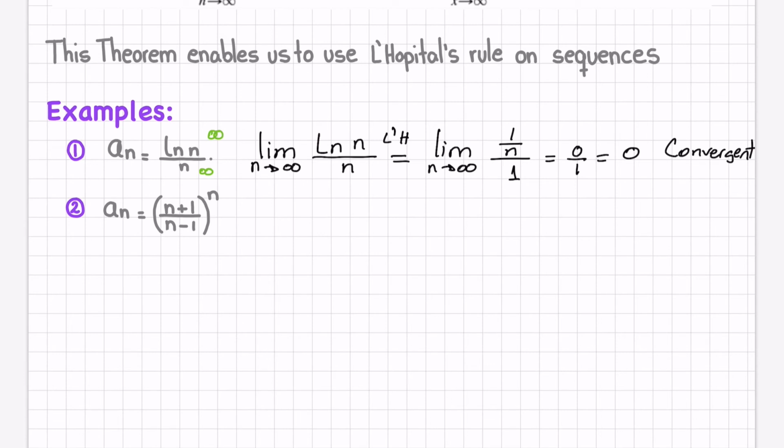So we rewrite using ln. Remember, when things are in the power, we need to bring them to the front using ln to be able to work them out. So we take ln on both sides. Ln of an equals ln of n plus 1 over n minus 1 to the n. Then we apply here the property of ln, that the powers multiply to the front. So that's n ln of n plus 1 over n minus 1.